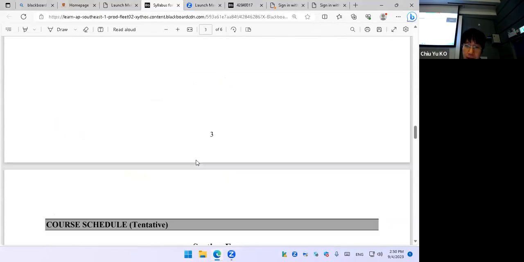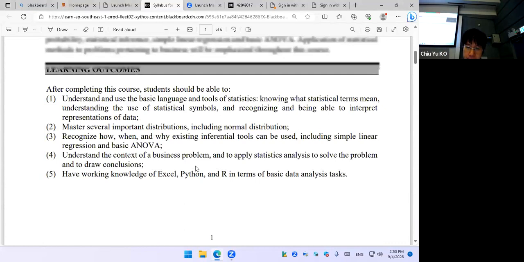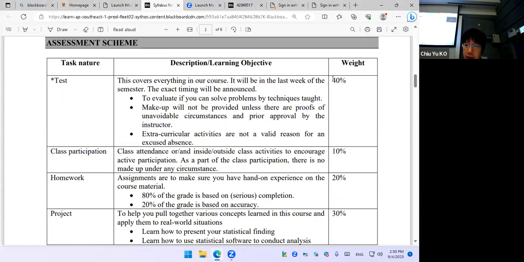About the assessment, I think it will be very standard. We'll do an individual open book test at the end of the semester. The exact date will be announced at the end, and likely it will be on a Friday afternoon.